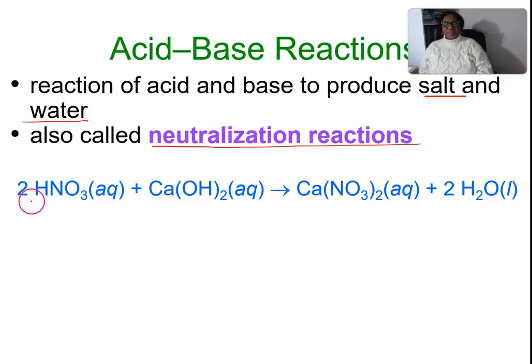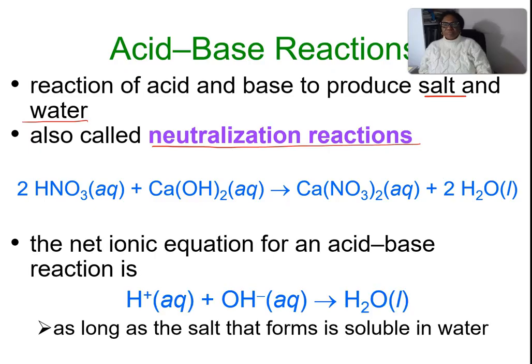Example, nitric acid plus calcium hydroxide to produce calcium nitrate and water molecule. So the net ionic equation for acid-base reaction is H+ plus OH- to produce H2O, as long as the salt that is formed is soluble in water.